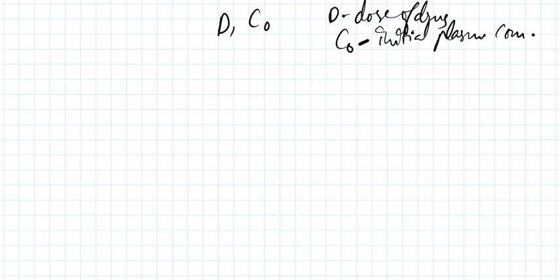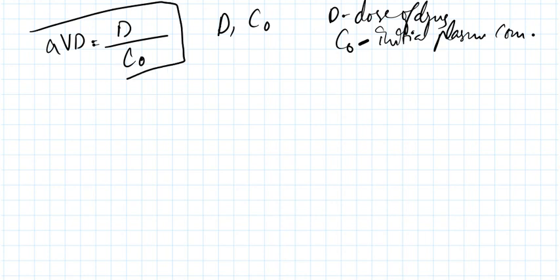Now they ask you to calculate apparent volume of distribution. The formula is simple: dose divided by the initial plasma concentration. This gives the apparent volume of distribution of the drug.